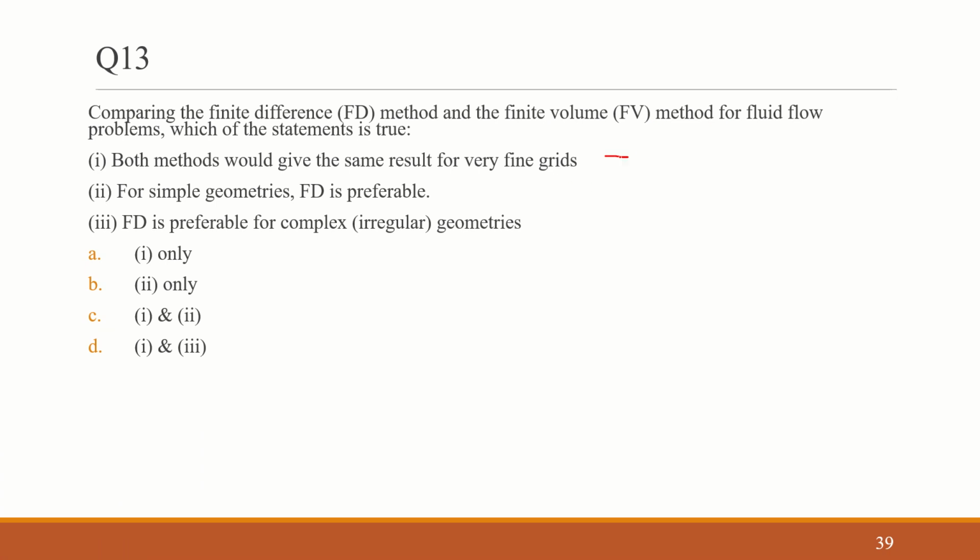This is true, because the finite difference method and finite volume method will give the same results when we are using very fine grids. You will read much about this in the later classes. But in general, finite difference and finite volume approaches will give the same results when the grid size is very fine. So this is true.